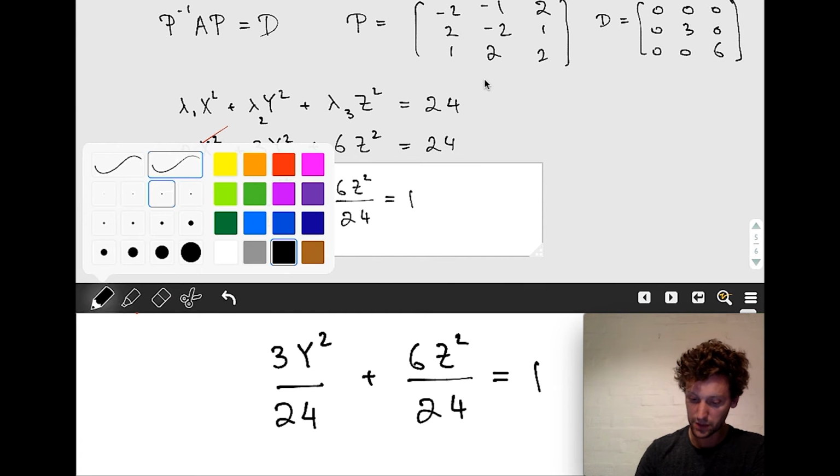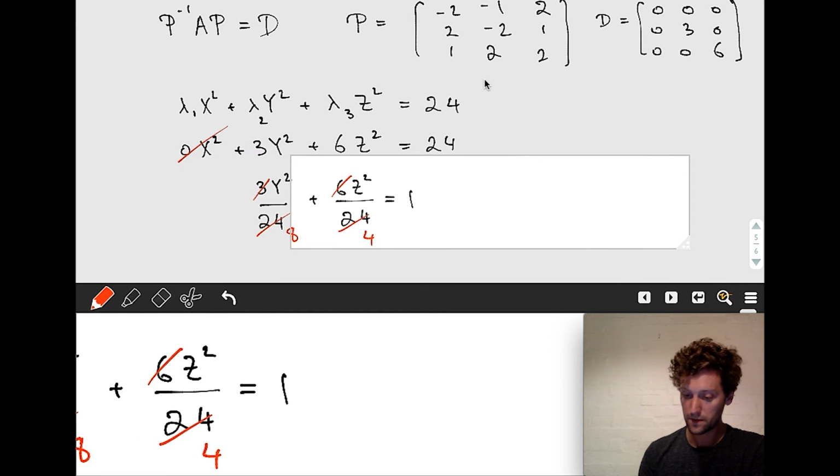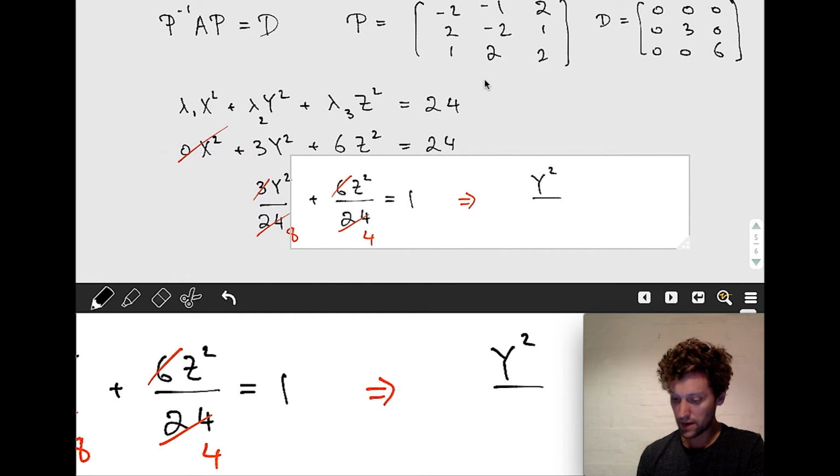Let's do some cancellation here. 3 on top, 8 left below; 6 on top, I get 4 left below. So I get the equation Y squared over 8 plus Z squared over 4 equals 1.